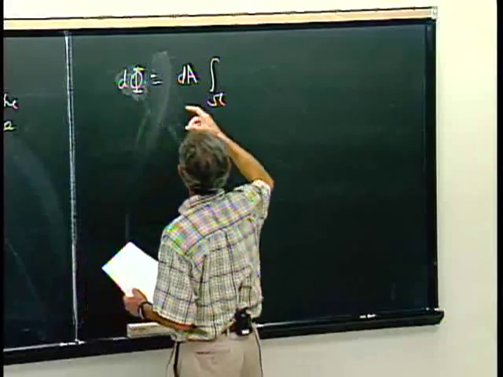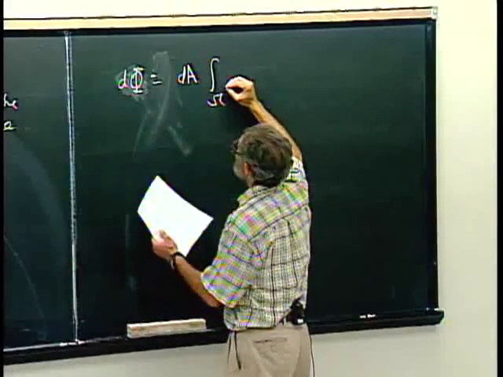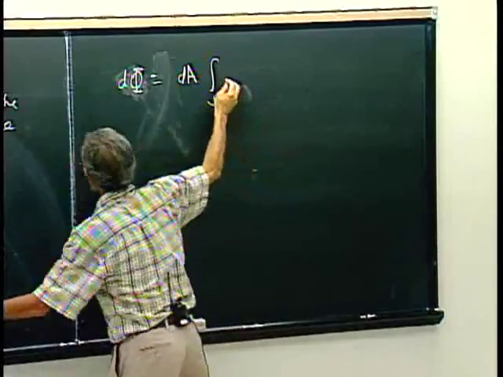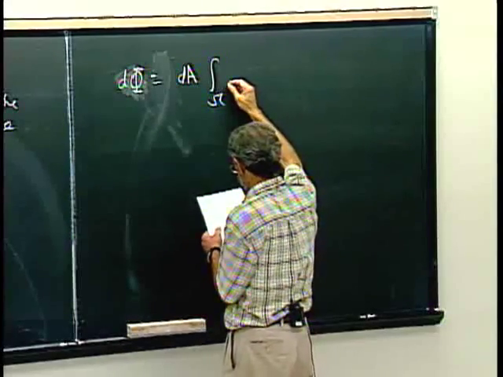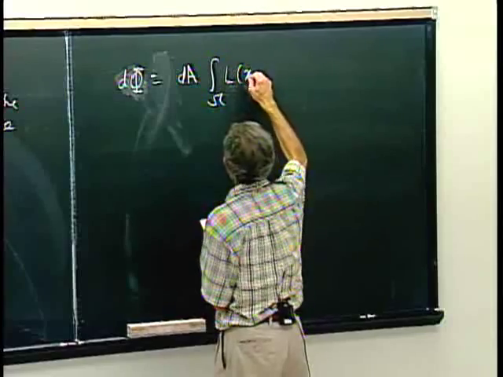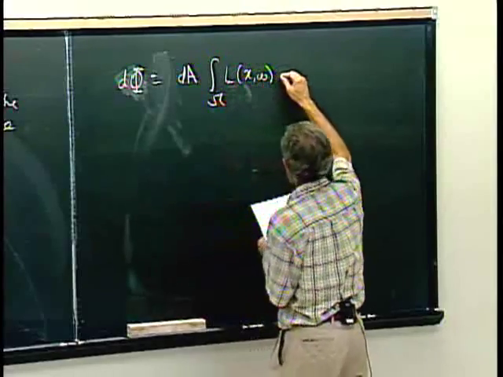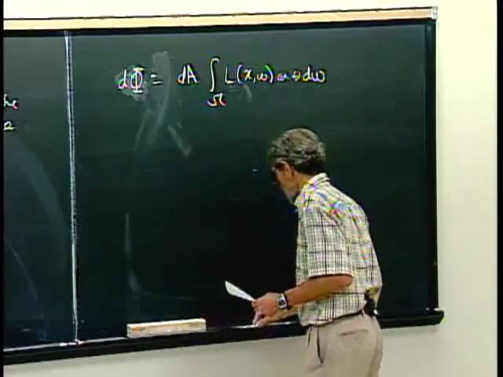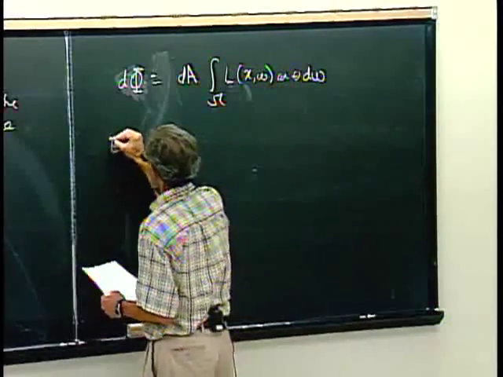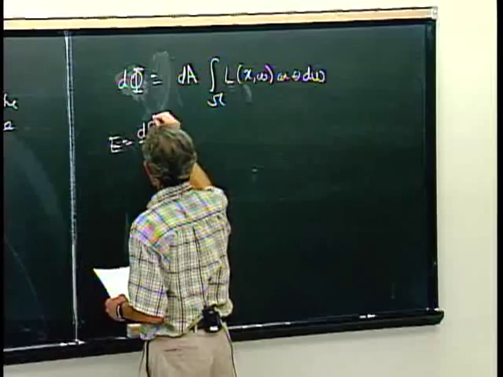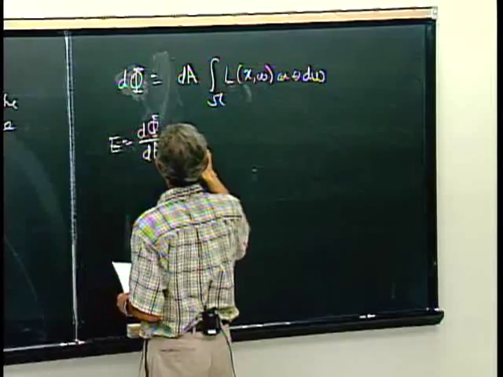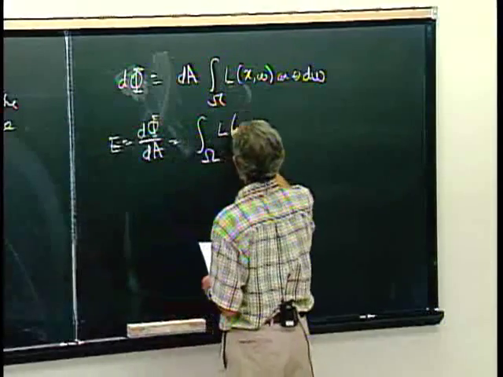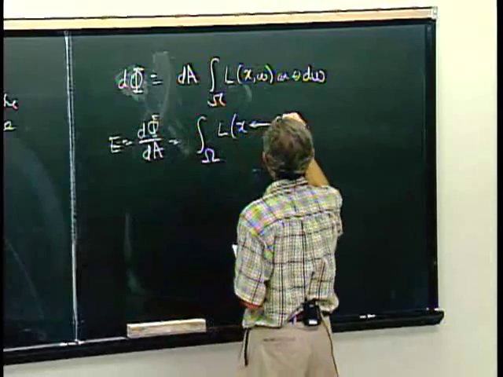For a small area, we can assume things are constant under the integral as a function of the position x on the area, and take that out of the integral, and then it just becomes L. I'll use my notation instead of the book's notation, because that's what I have in my notes. Cosine theta d omega. And then the irradiance, which is d flux over dA, is just this integral over the solid angle hemisphere of L. And here maybe I'll use the book's notation.